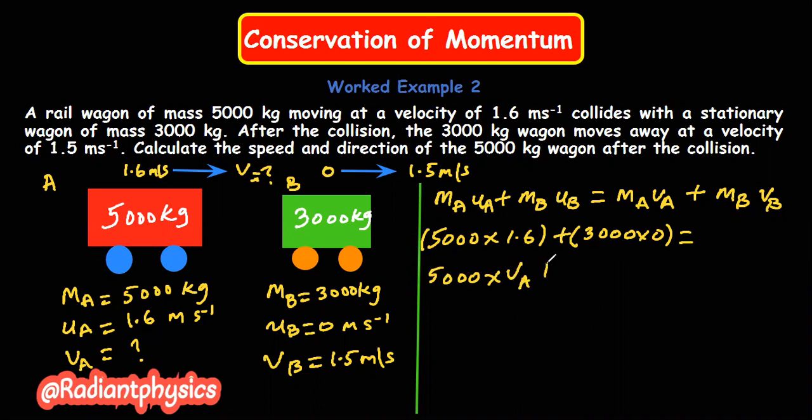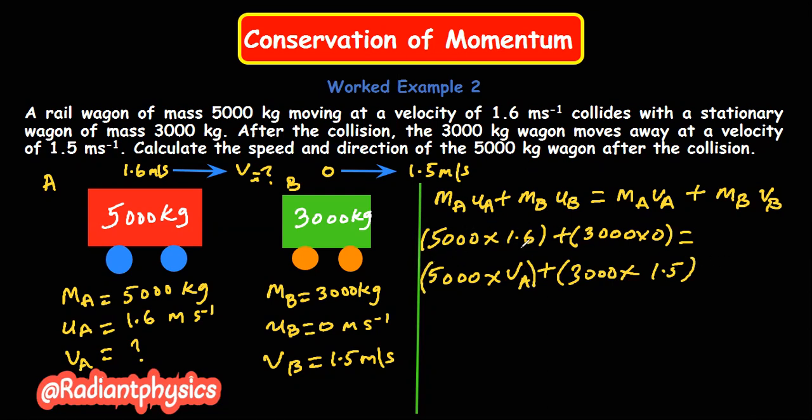VA plus mass of B, 3,000 times its final velocity, which is given as 1.5 meter per second, right? So we can separate them by using our brackets. Okay. All right. So now let's find the result.